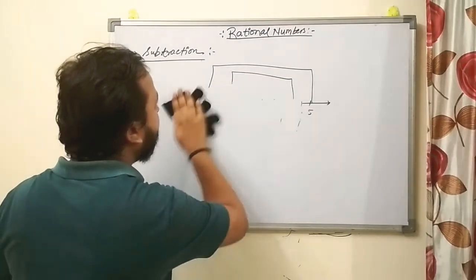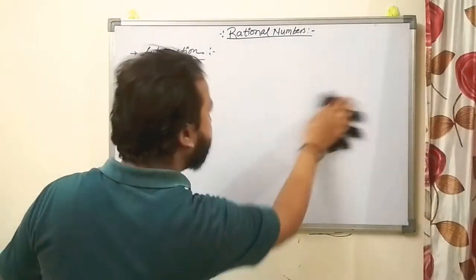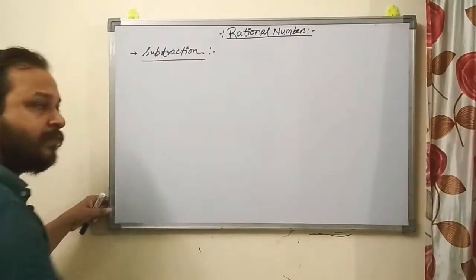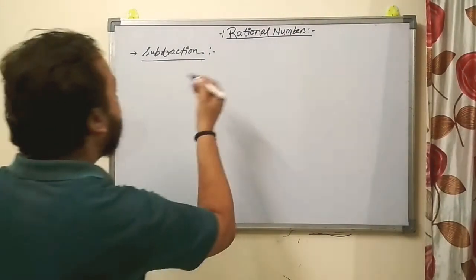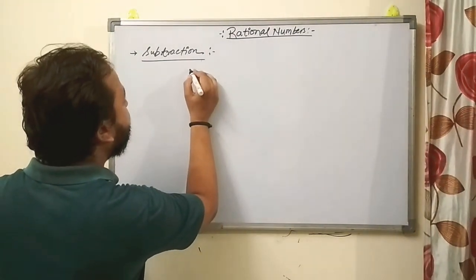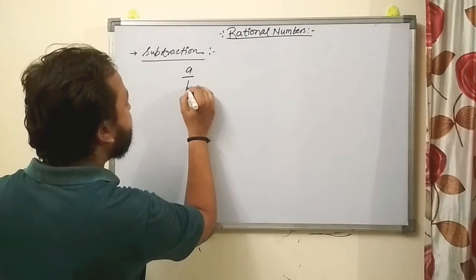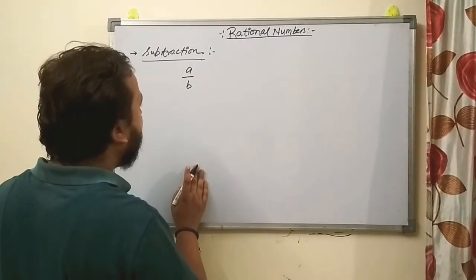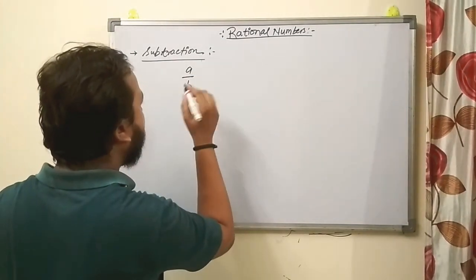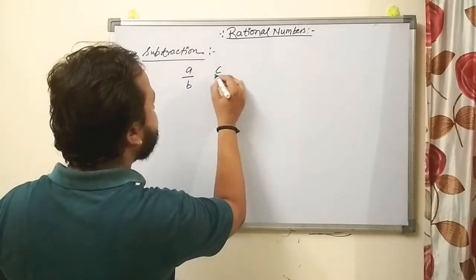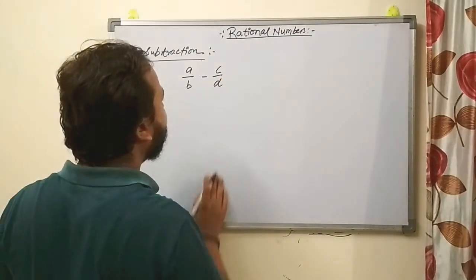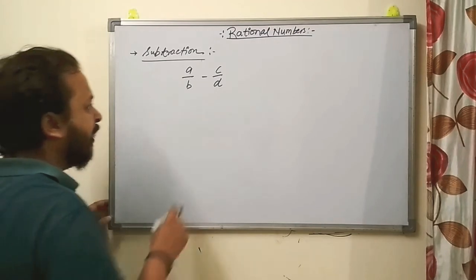So the statement about the subtraction is, suppose a number is given as a by b and you have to subtract c by d from a by b, right?